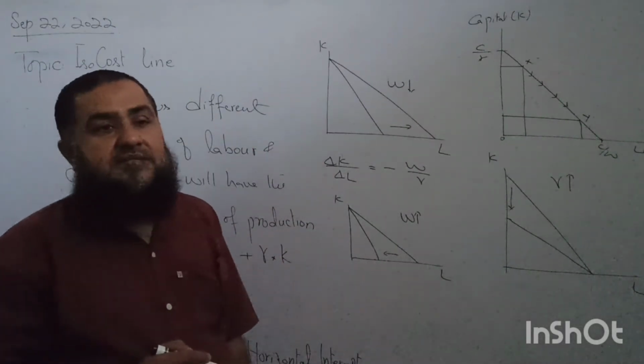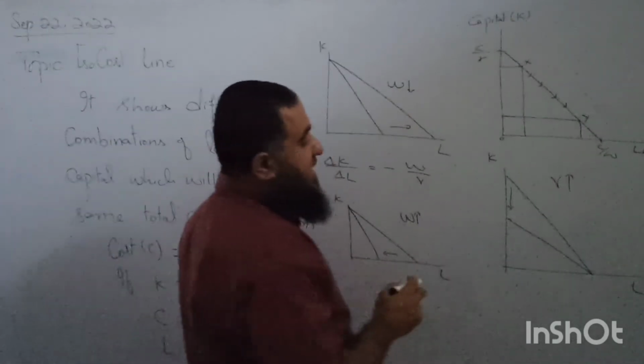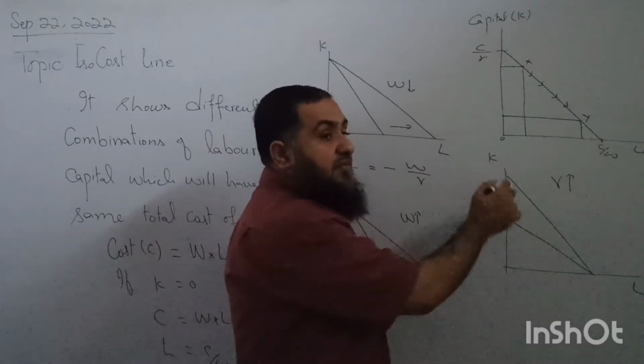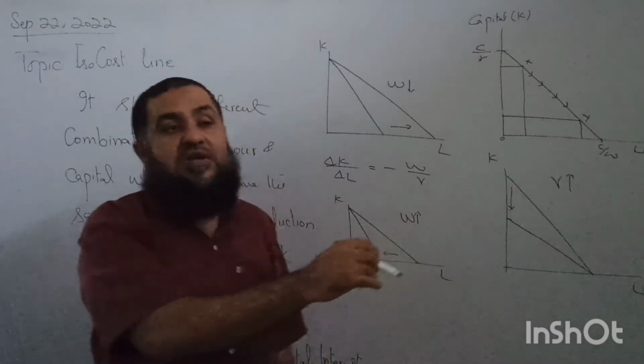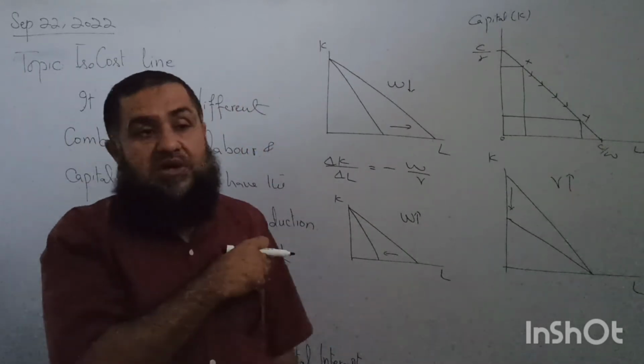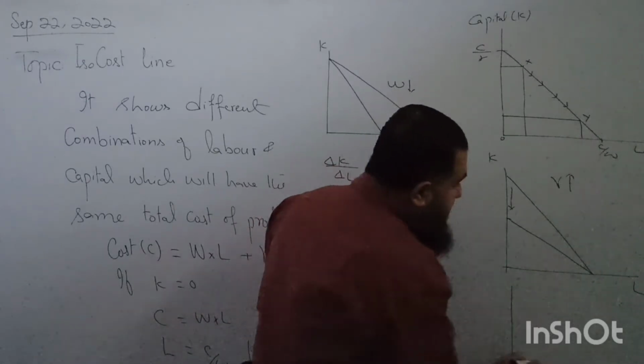Clear? It will become flatter now because rate of interest has increased, so producer will hire less number of capital units in his production unit in order to have the cost of production. The total cost will remain same. Now if rate of interest decreases, what happens?